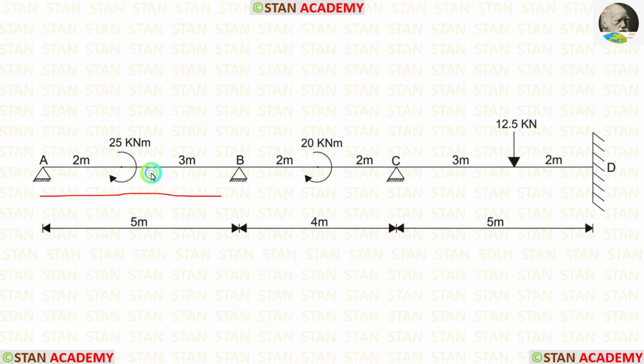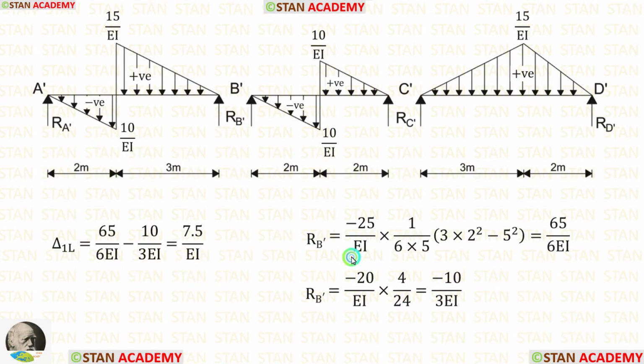For AB, m is 25, A is 2, L is 5. When we apply the values inside the formula, we are getting 65 upon 6 EI. When we apply the formula, we have to be very careful. We have to divide the moment by EI.